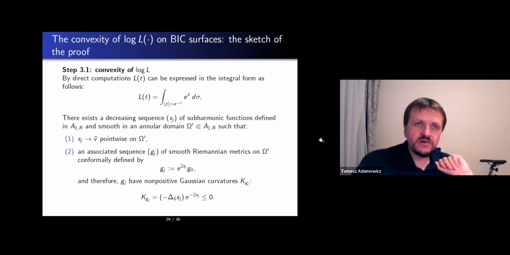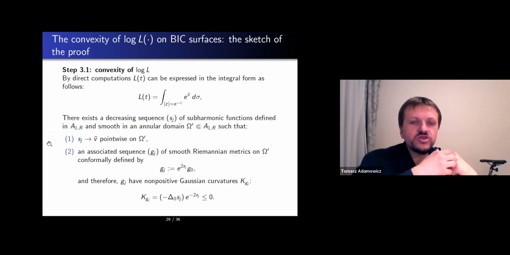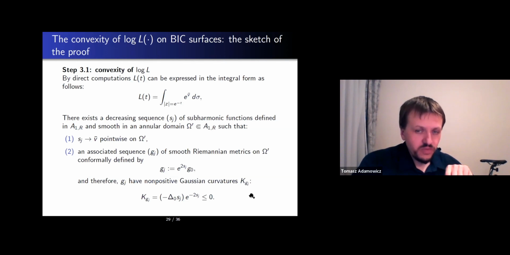And then, since V bar is subharmonic, we can find a decreasing sequence v_j of subharmonic functions defined in the annulus, which are smooth in a slightly smaller annular domain Ω', such that this sequence converges pointwise to V bar, and also the sequence of subharmonic functions defines a sequence g_j of smooth Riemannian metrics, which are conformally defined as follows. This allows us to observe that the Gaussian curvature with respect to each g_j metric is non-positive.